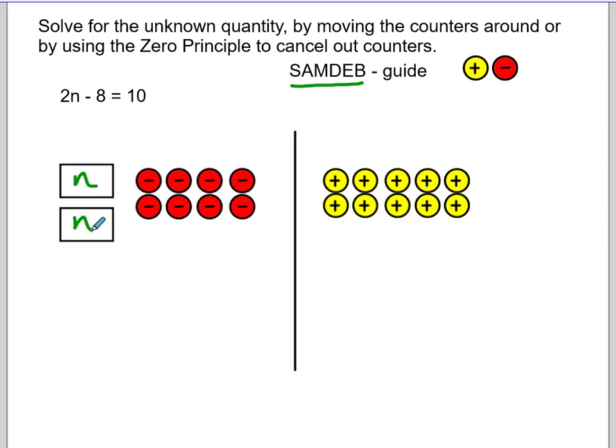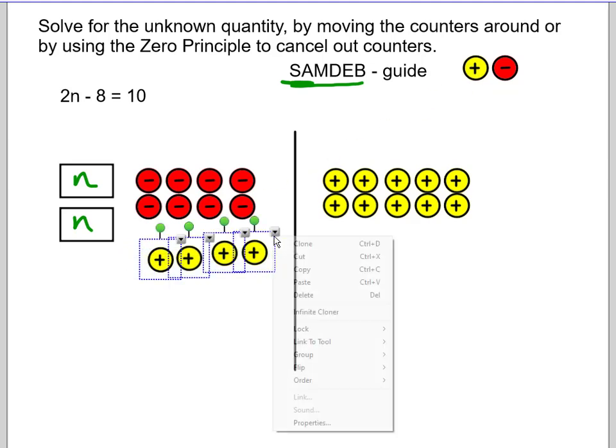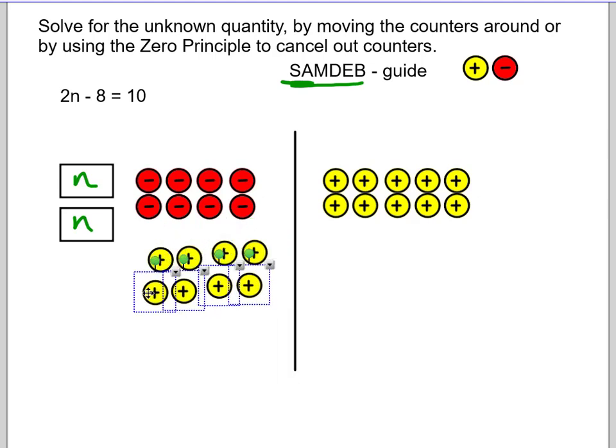So the first thing I want to do is get rid of, see the S and the A there to start. I want to go after subtractings and addings first. Well, I have a subtracting of 8 there, so I want to add 8 to both sides. So I'm going to introduce 8 positives to both sides, which is how I represent adding 8.